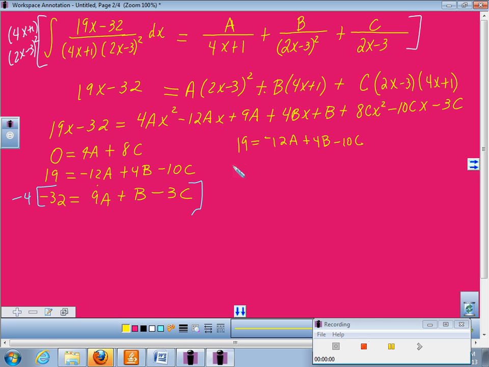And you're looking at those numbers going, really, 128 plus 19? That's not a real optimistic number. My B's are going to cancel, so it's going to be a negative 48a and plus 2c. Well, we like plus 2c.